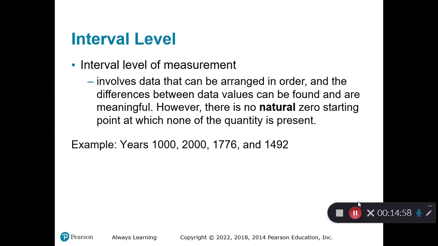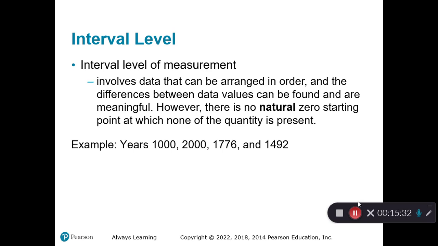For example, I can say that from the year 1000 to the year 2000, that's a 1,000 year difference. 1,000 years have gone by. From the year 1776 to the year 2000, I can say that's equal to 224 years that have gone by. So I can subtract values in the interval level of measurement, which means now I must have numbers, and those subtractions do have some meaning.